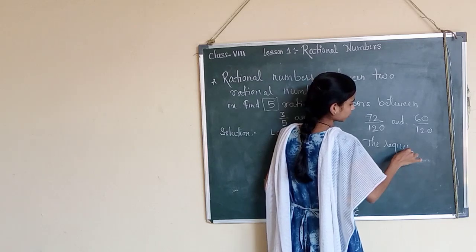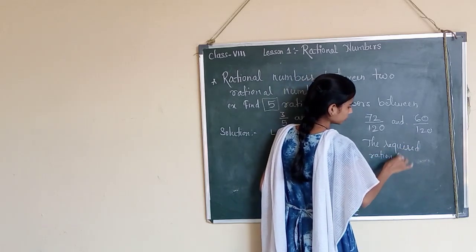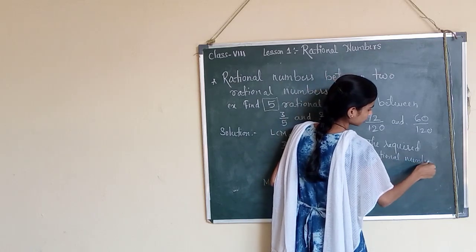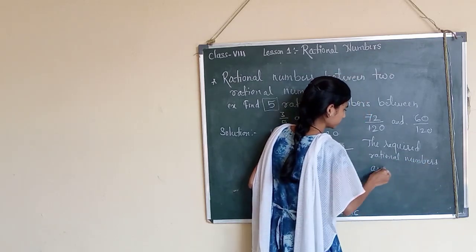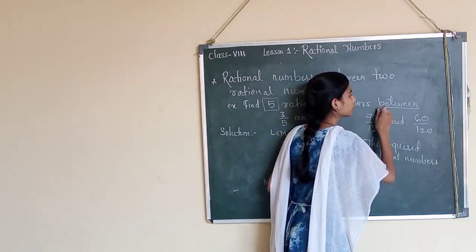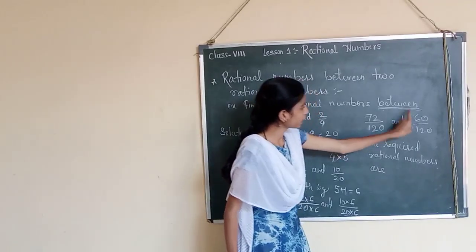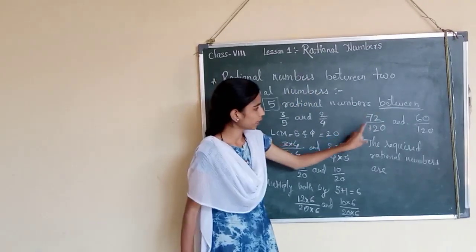So the required rational numbers are, up to 60. See, the question says between. When the question says between, we should not take 60 by 120 and 72 by 120.